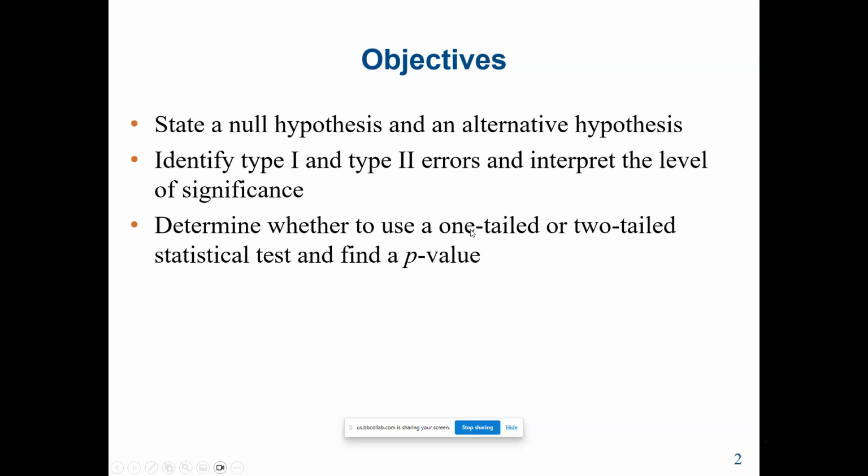If the p-value is very small and lesser than the level of significance, then we are going to reject the null. So normally we accept the null or fail to reject the null when the p-value is bigger than the level of significance, the alpha value. So let's go through the steps here.